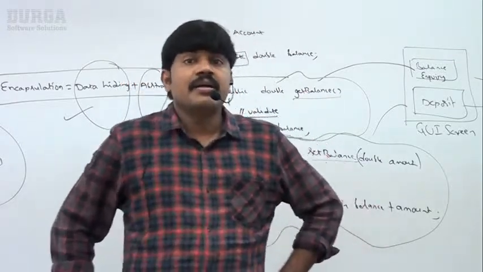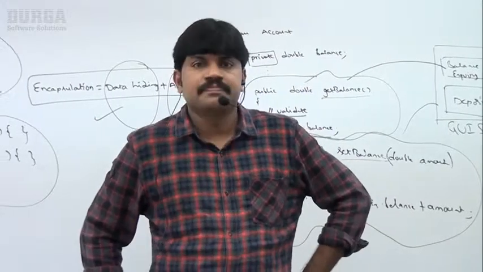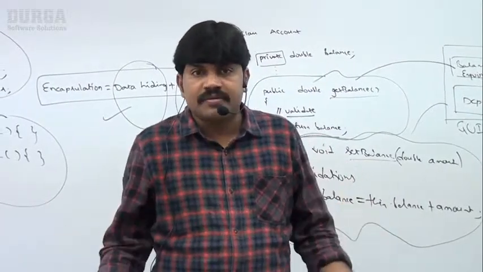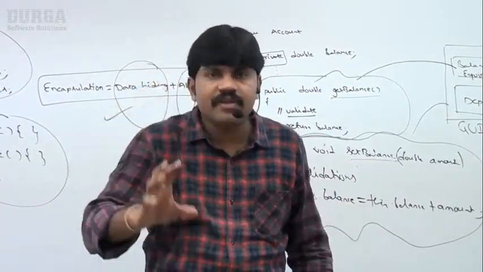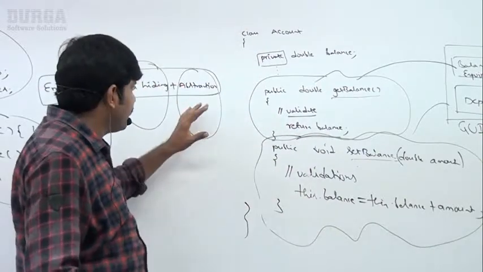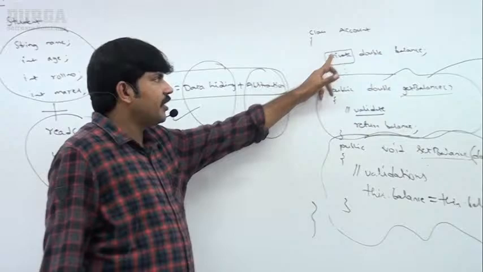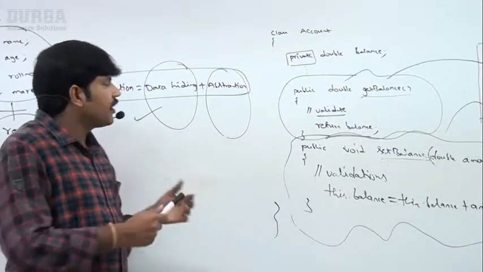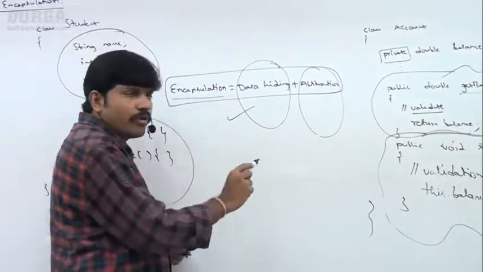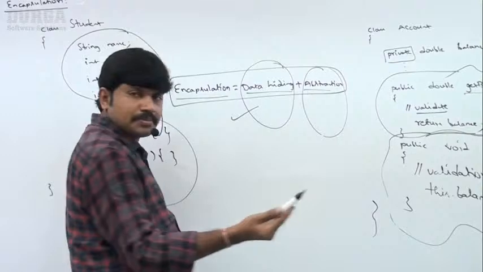What is the advantage of encapsulation? Whatever advantages there are for data hiding and abstraction, all those are advantages for encapsulation, because encapsulation is not a new word. It is data hiding and abstraction only.